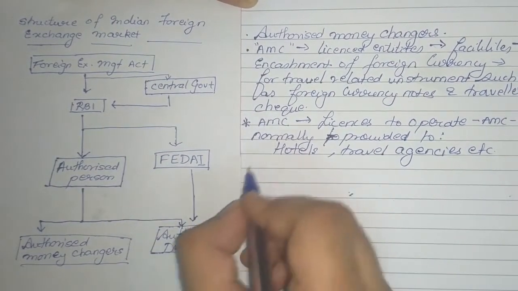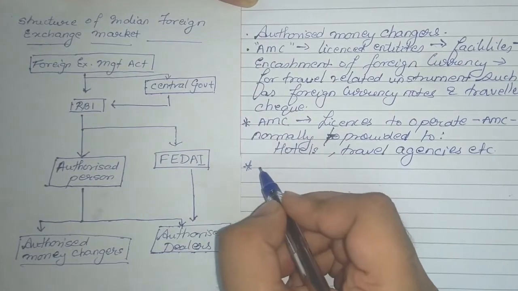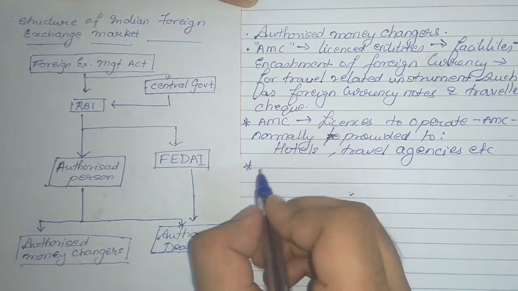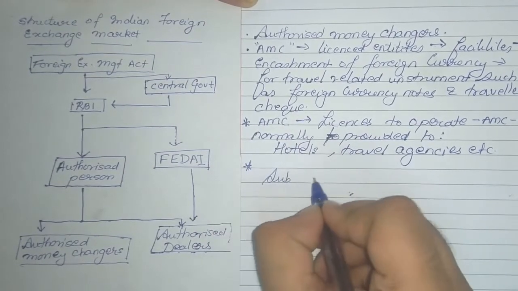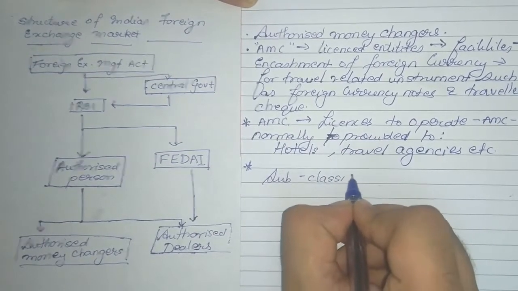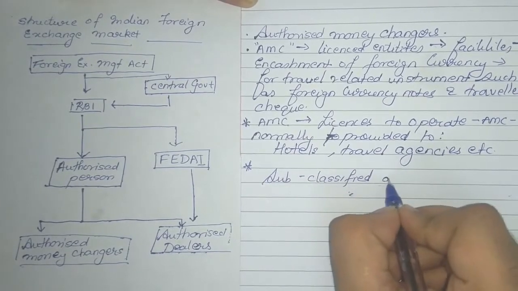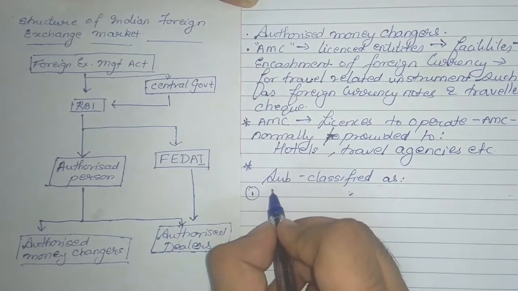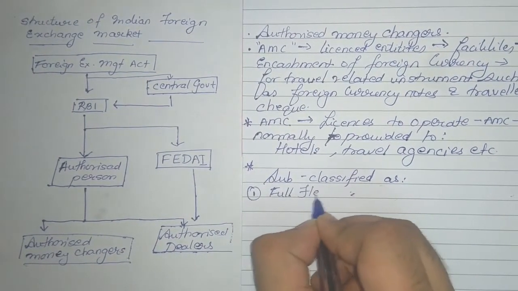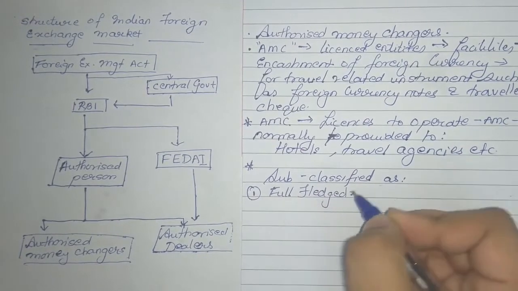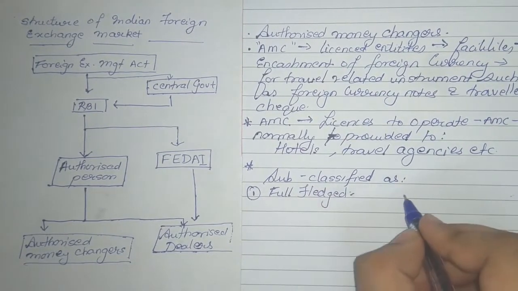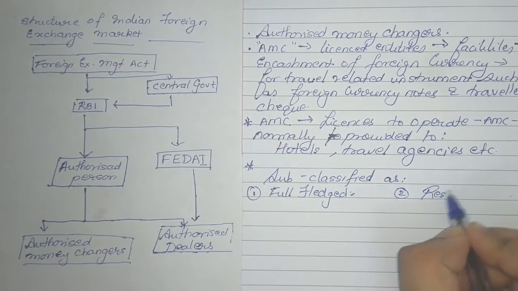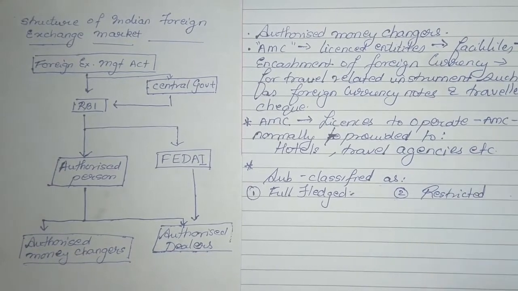Now, authorized money changers are classified into two parts. Okay, there are two classifications of authorized money changers. They are sub-classified as number one, full-fledged authorized money changers, and second, restricted money changers.